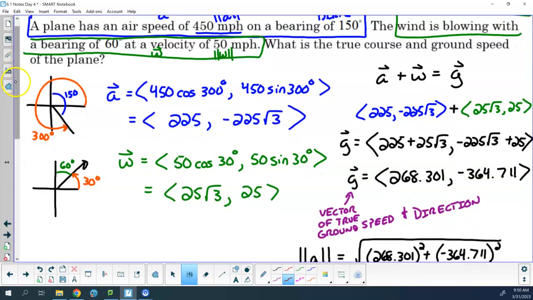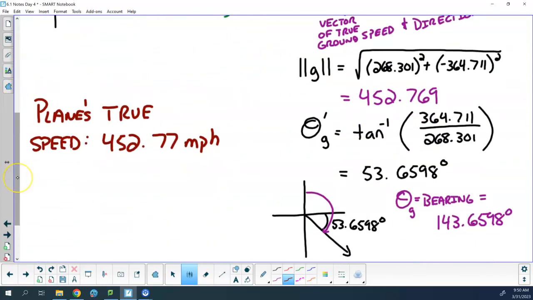It's making us go faster. And the actual bearing is 143.66 degrees. Now the question was asked, what about the north-south direction, east-west then?